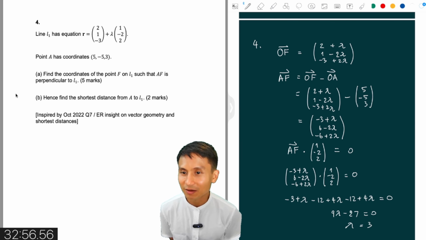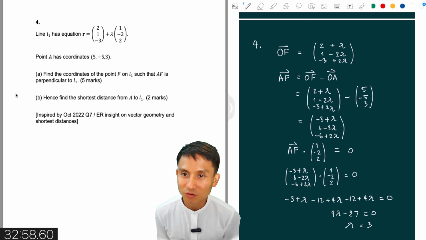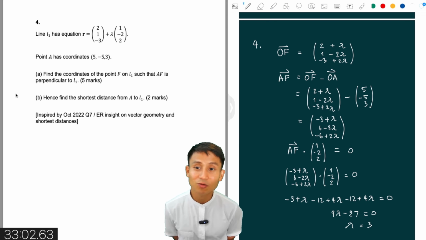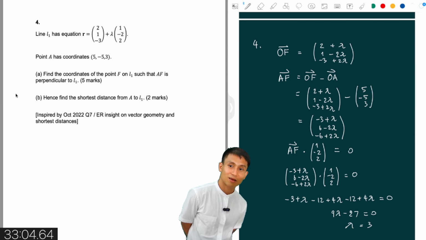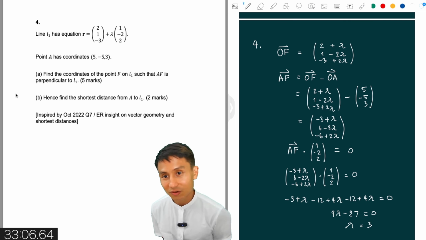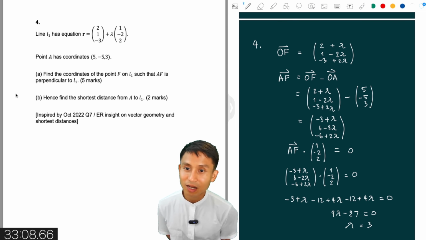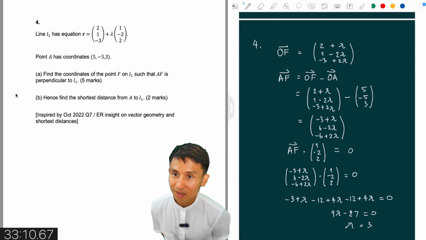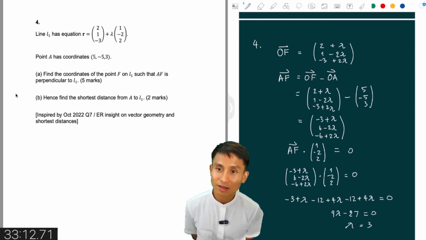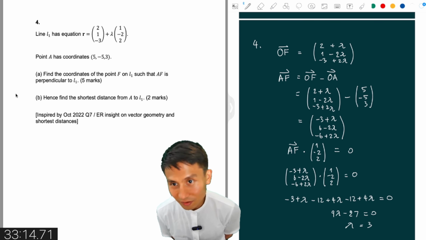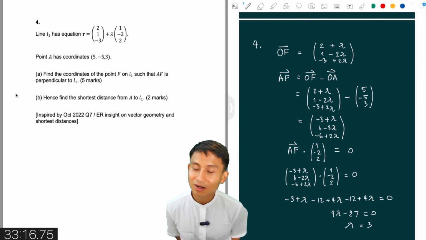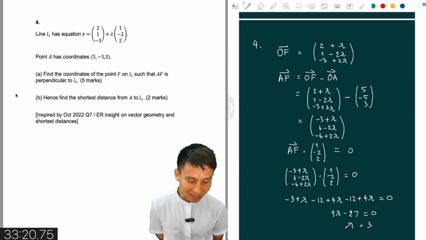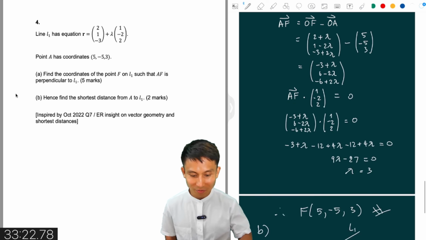So I'm checking if A is on the line. If I put 5 equals 2 plus lambda, that makes lambda equal 3. And if I put lambda equal 3, the y coordinate would be minus 5, and the z coordinate would be 3. So basically, A is the same as point F.